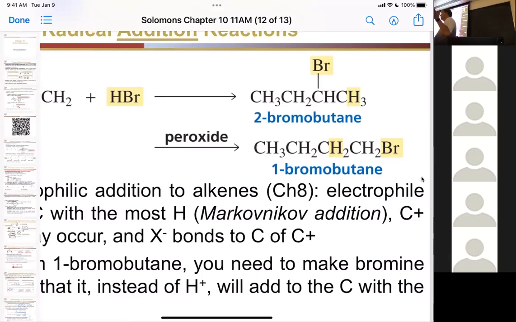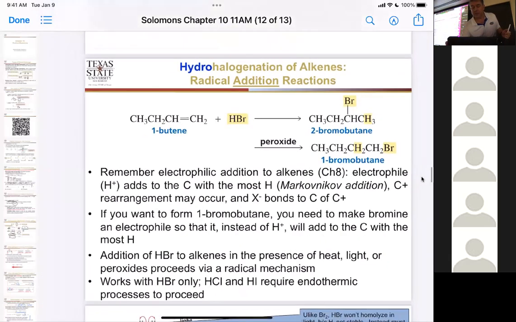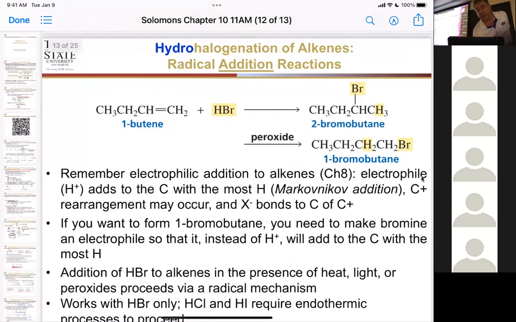Because we've changed the mechanism. It's no longer an addition across there. What you're going to do is generate a radical on one of those two sites, whichever one, the hydrogen or the bromine, came in first.